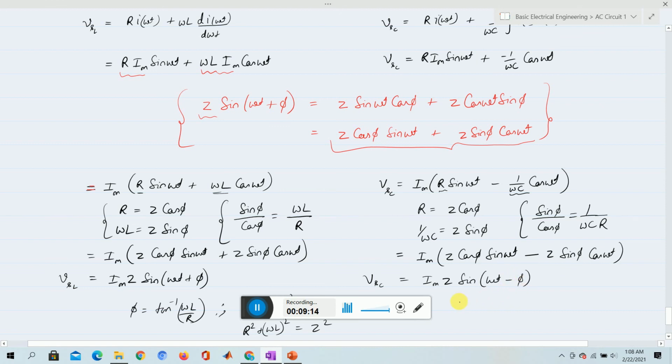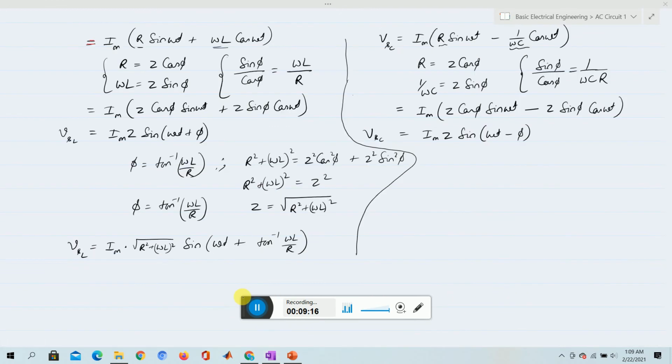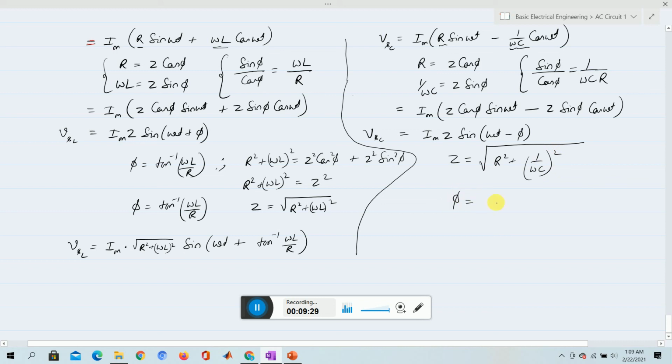So the quantities will be just a difference. There will be a difference in the value, that Z is now equal to root over of R square plus 1 by omega C whole square, and phi will be tan inverse of 1 by omega CR from here. We take the square root of this term, so it is no longer necessary to prove our entire expression.